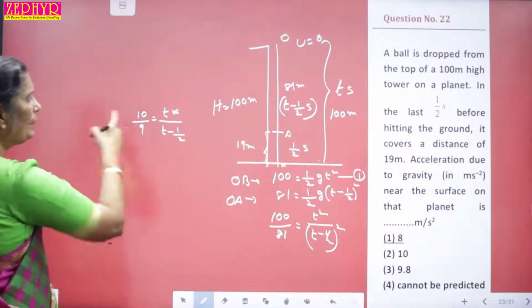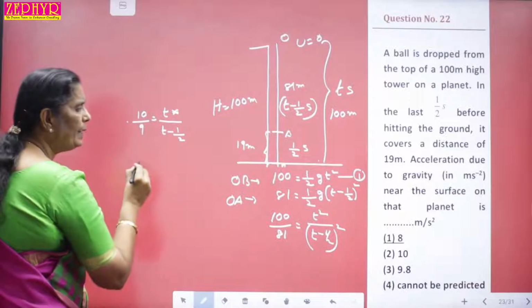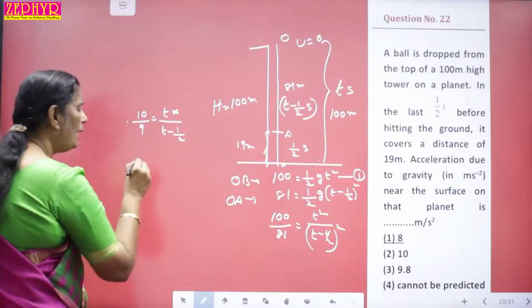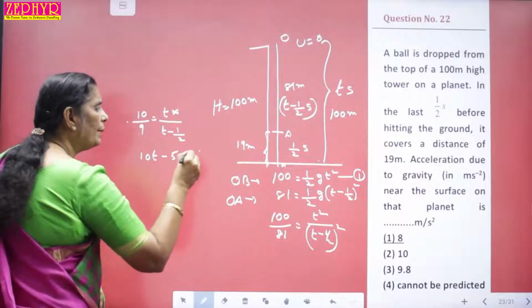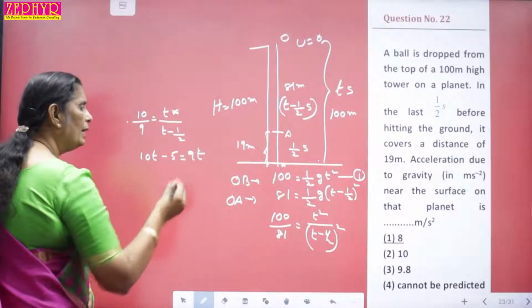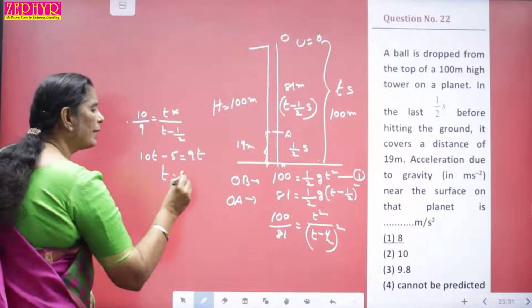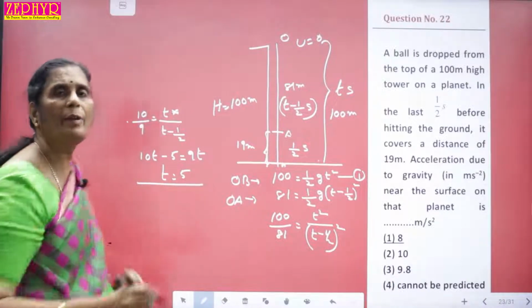Now just cross multiply. So 10t minus 5 is equal to 9t. So t will be equal to 5 seconds. So time of flight will be 5 seconds.